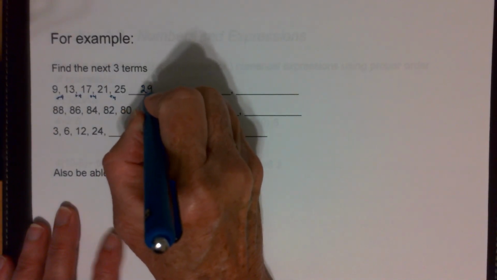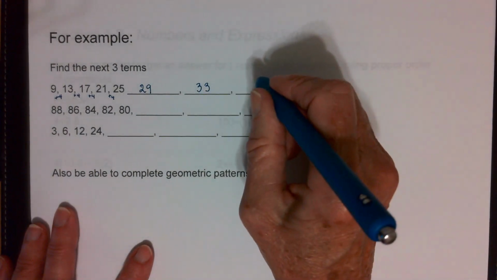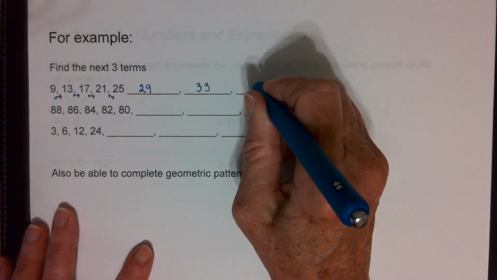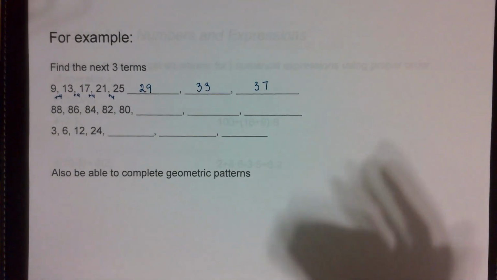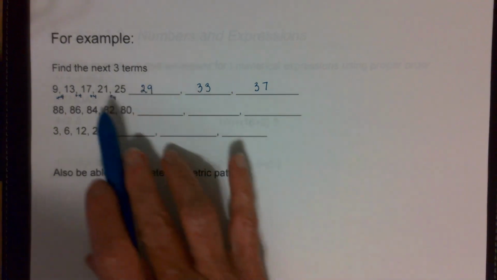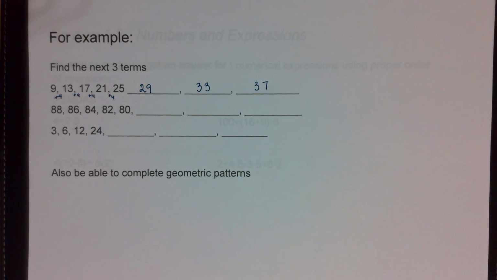So therefore, when I add 4 here, I get a 29. 4 more would give me a 33, and 4 more after that would give me a 37. So then I look and I go, oh, does that seem to fit the pattern? And it does. So I continue on.